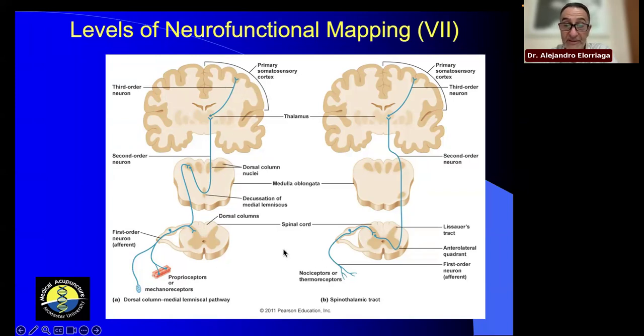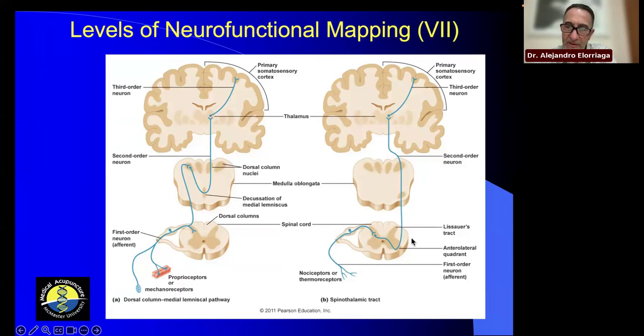So the pathways are very different, and that matters when you have a spinal cord injury. You're going to suffer changes in proprioception on the ipsilateral side and changes in nociception on the contralateral side.